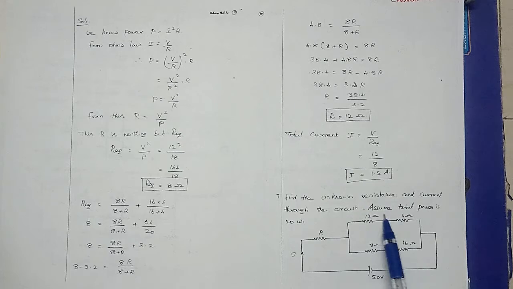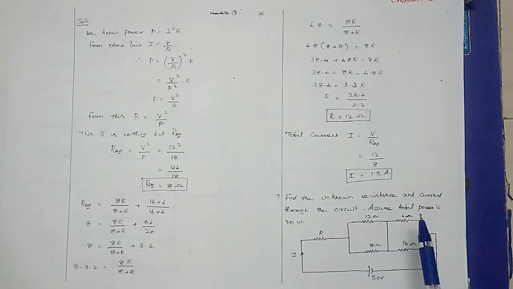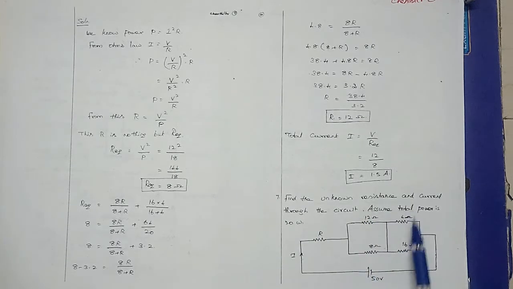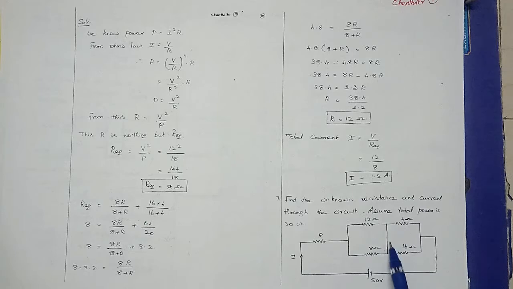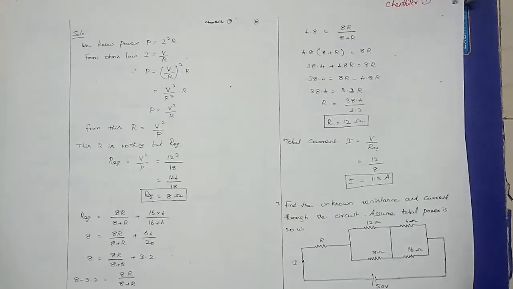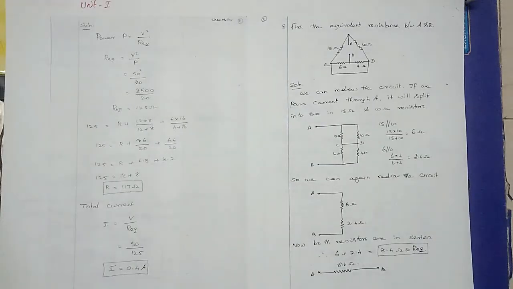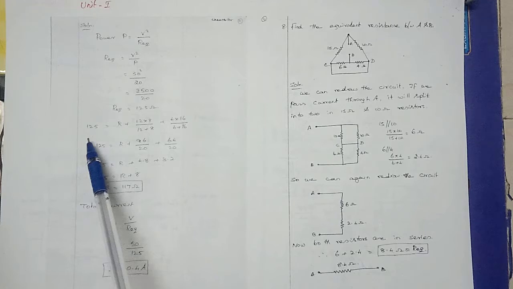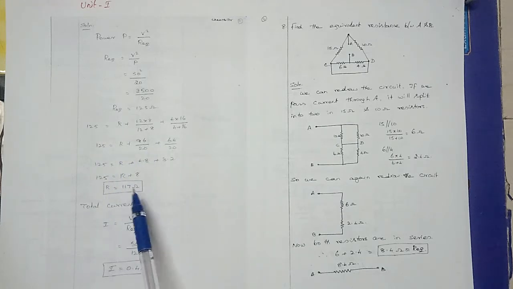Everything joins here. So this is plus, again it will be dividing here. So these two are parallel and these two are parallel, and these two parallel combinations are in series. So similar to what you have seen earlier, we want to solve it. So using power, you can find out what is R equivalent, you can find out what is R, you can find out what is current.